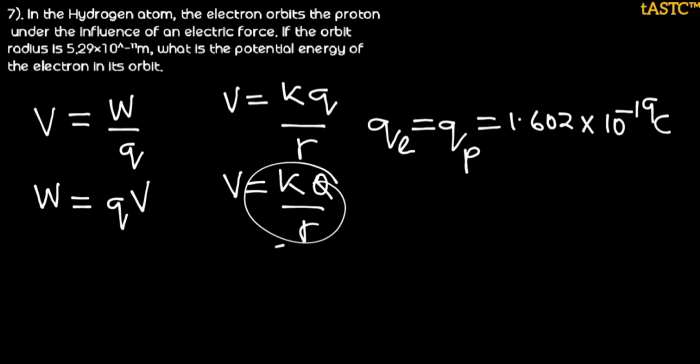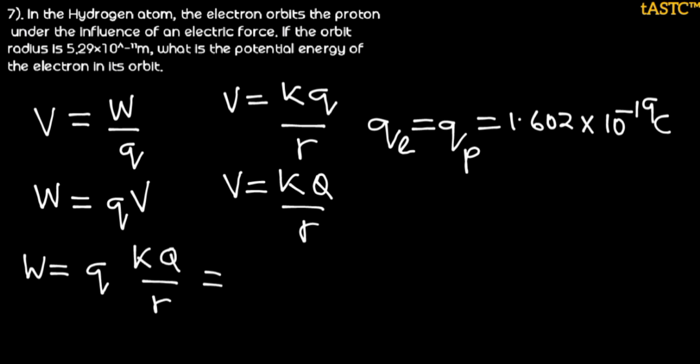So as I take this and plug it here, we're going to have W, and that is going to be equal to Q multiplied by K, Q divided by R. Now we already know that K is equal to 9.0 multiplied by 10 to the power of 9. So here we're going to have a first Q. Let us say this is the charge of a proton, this is the charge of an electron, which are basically going to be the same thing.